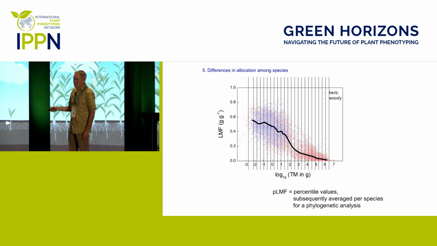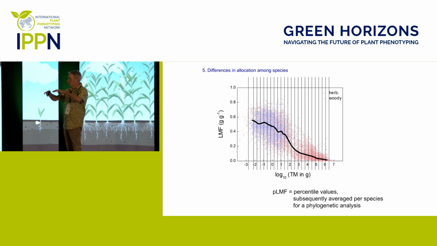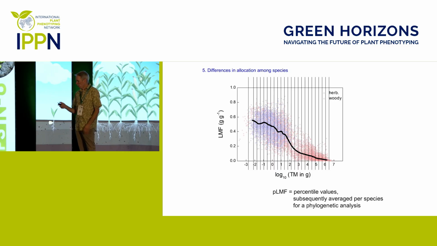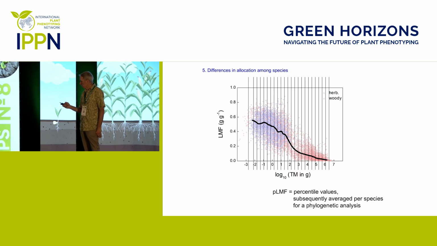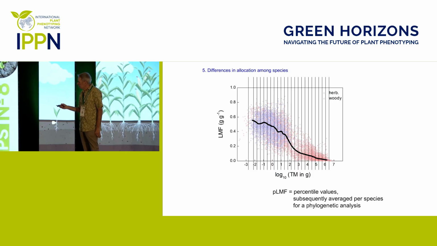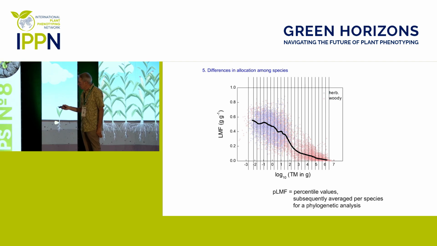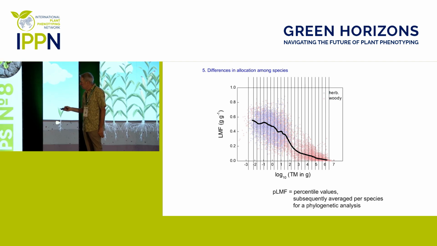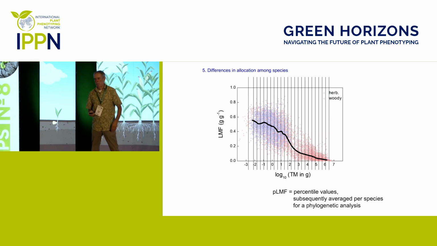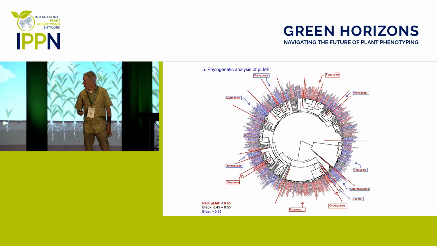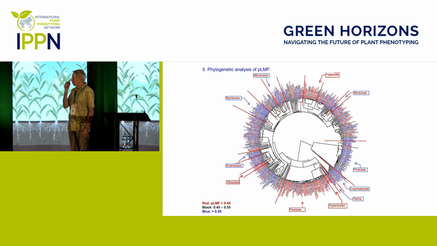So within each group I make percentiles, and I look at what the percentile values are if I analyze that over the whole 11,000 observations. Are there species that are always above this line, and are there other species that are always below this line? Because that could indicate that they're always different, and that there is a phylogenetic difference.